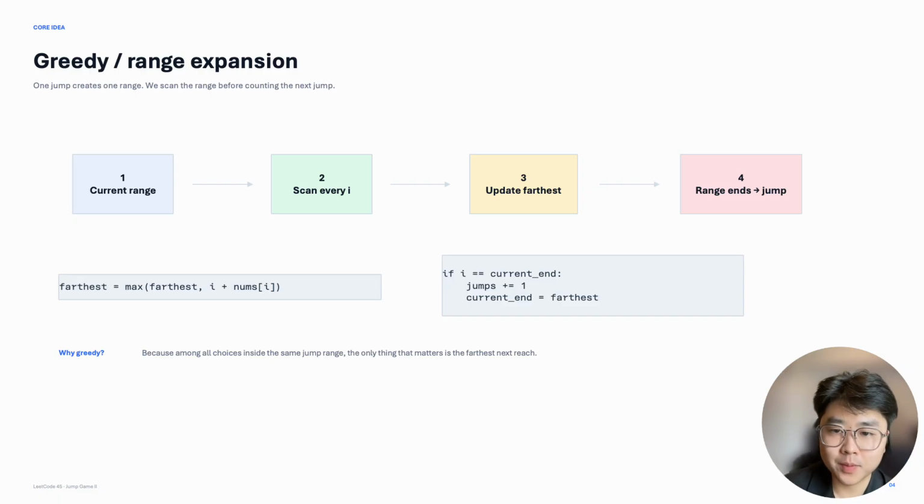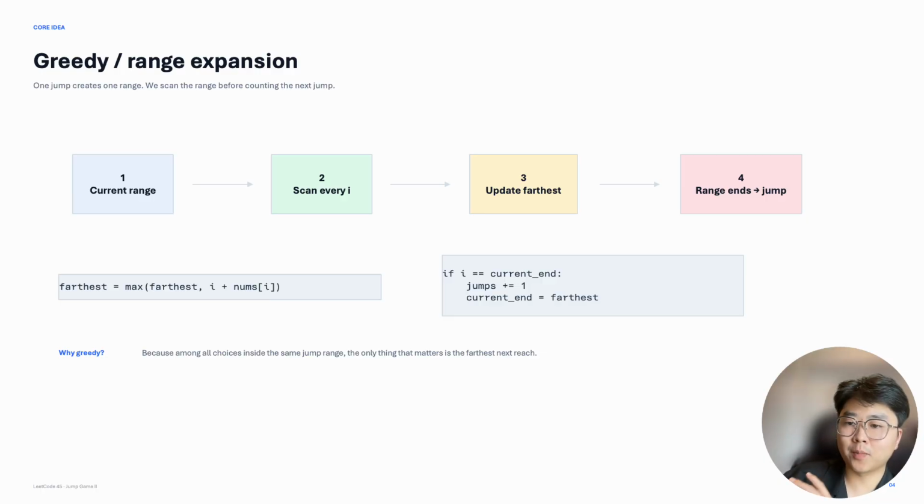One jump creates one range. For the code demo, it is these 2 lines. Inside this range, we search every possible position and keep updating the farthest place we can reach. That's why the algorithm is called greedy. It does not care about every detailed path.